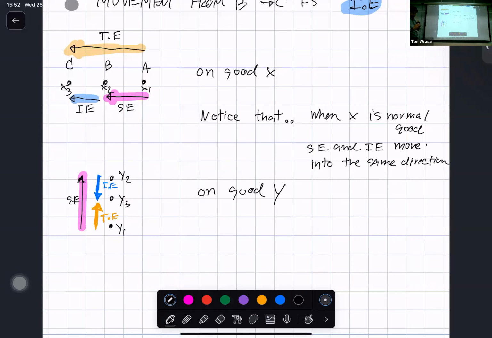Pizza becomes expensive. So we put this note here: SE and IE move in the same direction when X is a normal good. Later on, when we look at case 2, when X is an inferior good, this will not be true. SE and IE will move in opposite directions.